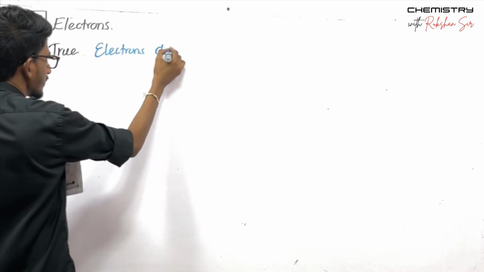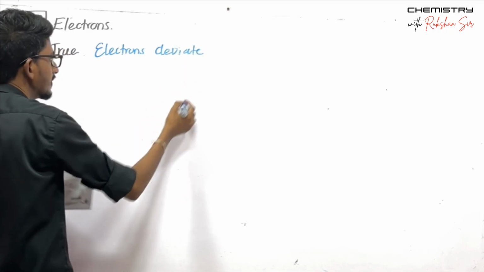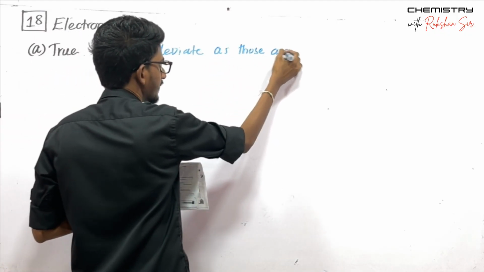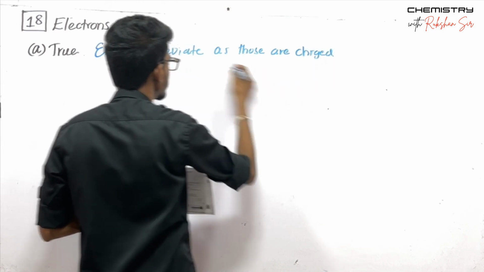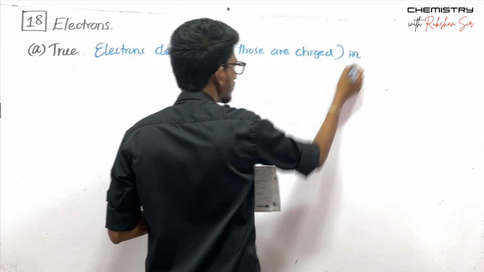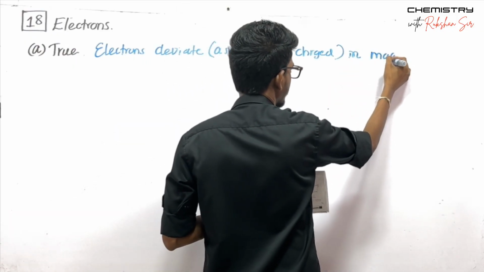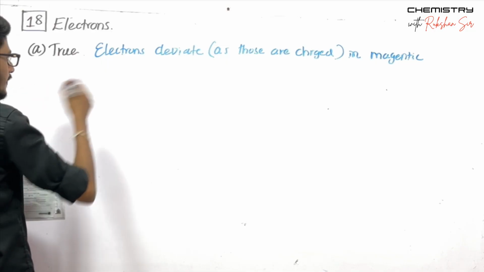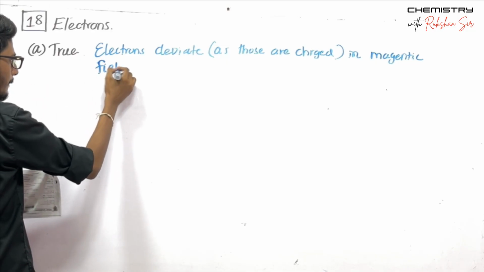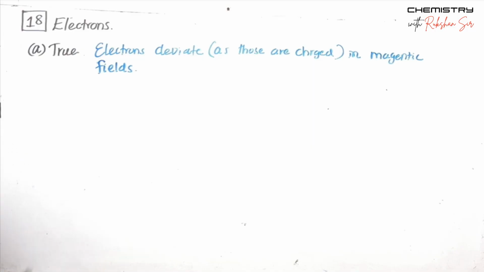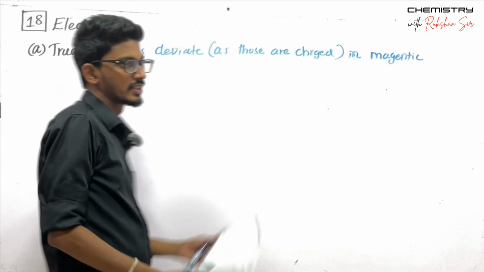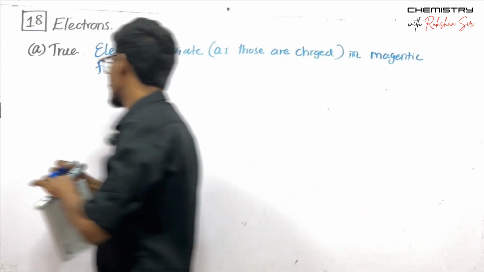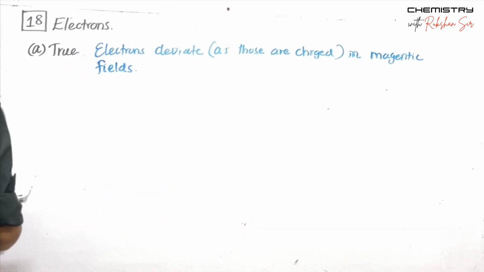Electrons deviate as they are charged in magnetic fields, normally following a curved path. So that thing is true.